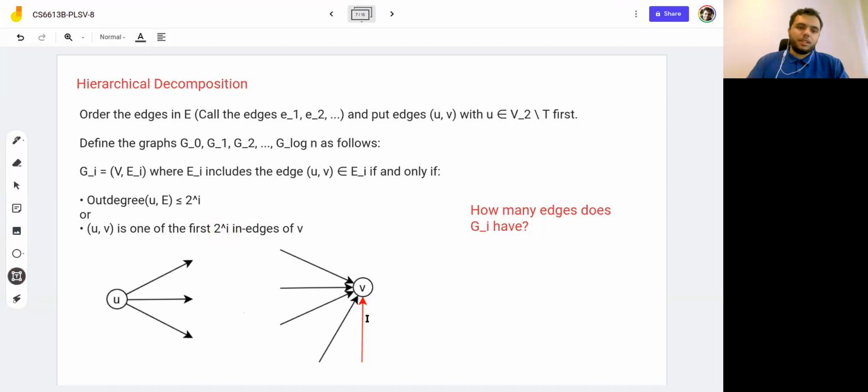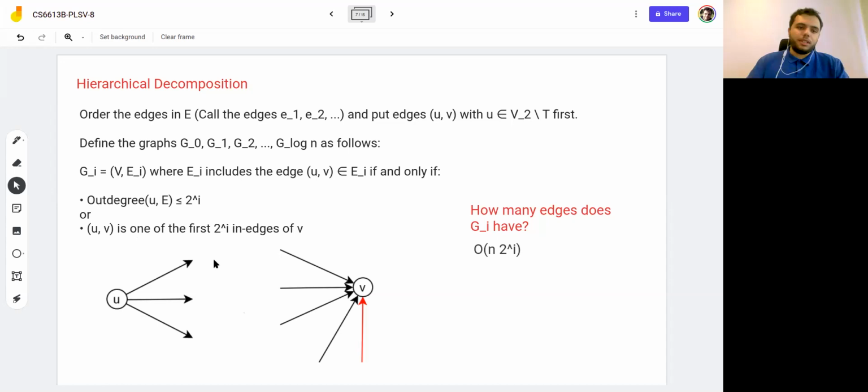So my overall number of edges is order of n times 2 to the power of I. Right? So that's the number of edges in GI at most. And also, how many different graphs GI do we have? We have at most log n of them, right? Because as soon as this 2 to the power of I becomes as large as n, then GI becomes the same as the original graph G.